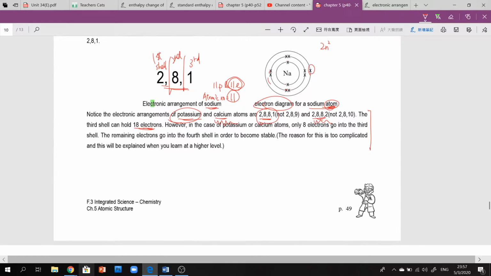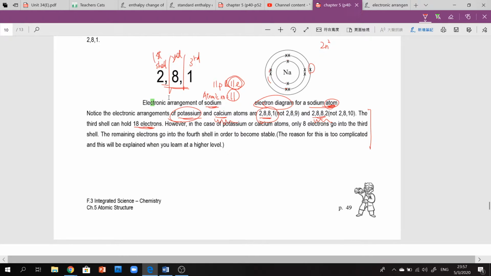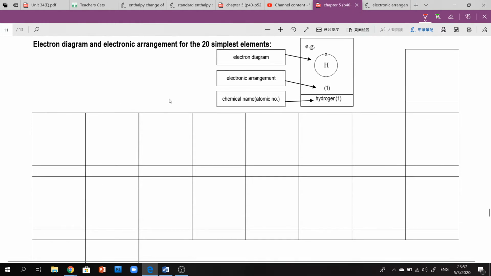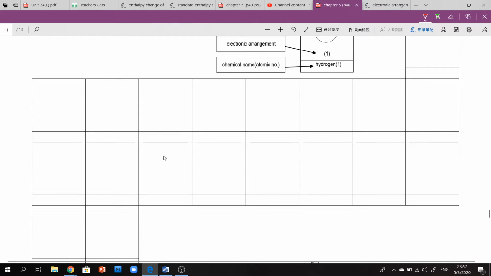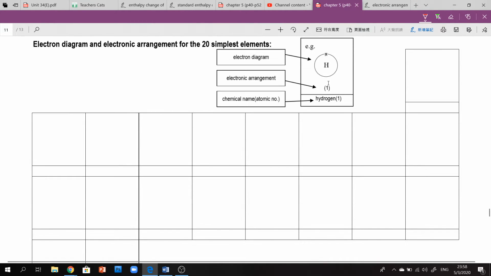Now, what's next is to refer to this page. You are going to fill in the electron diagram for the electronic arrangement of the first 20 elements. Okay, can you see this page? You're going to put number 1 here, number 2 here, number 3, 4, 5, 6, 7, 8, 9, and 10.